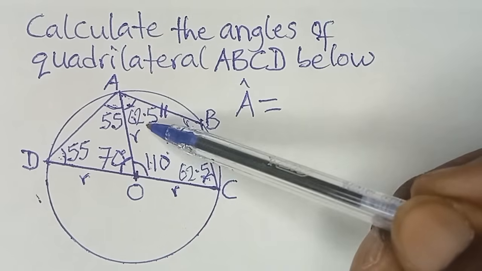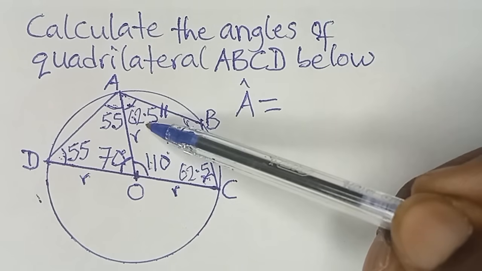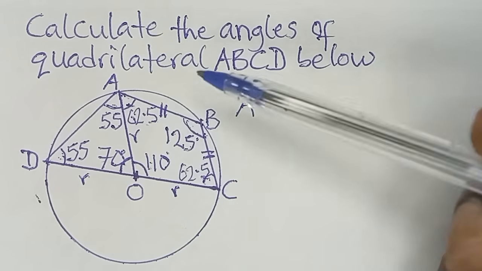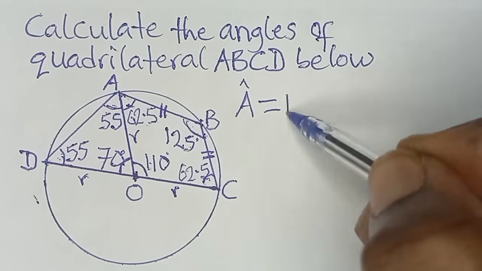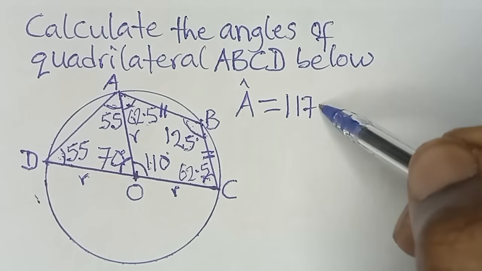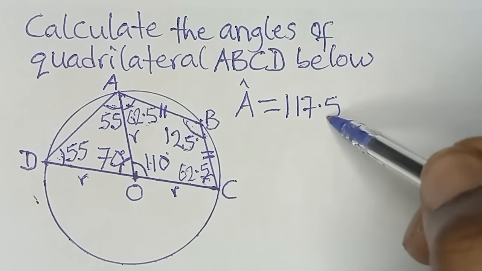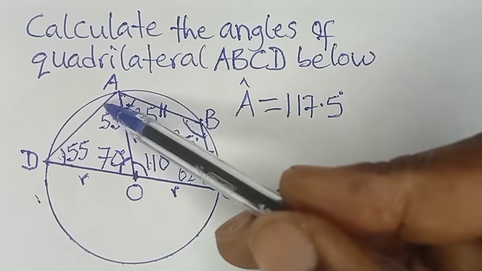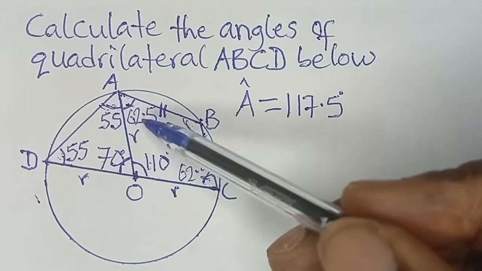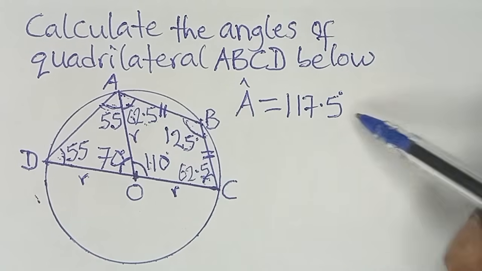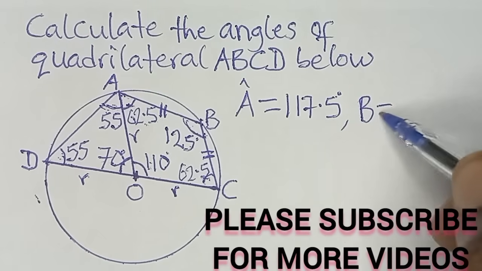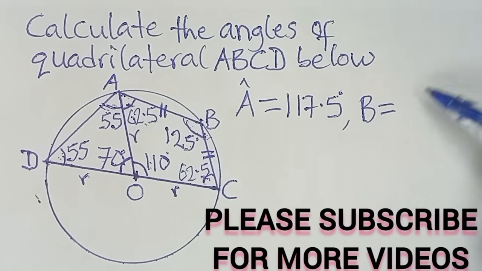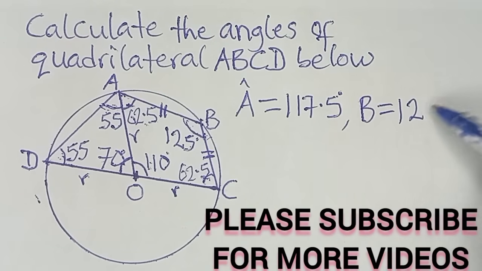So 55 plus 62.5 is going to give us 117.5. That is the value of this angle A, 55 plus 62.5. Then the value of angle B. Angle B is 125 degrees. That is simple, 125 degrees.